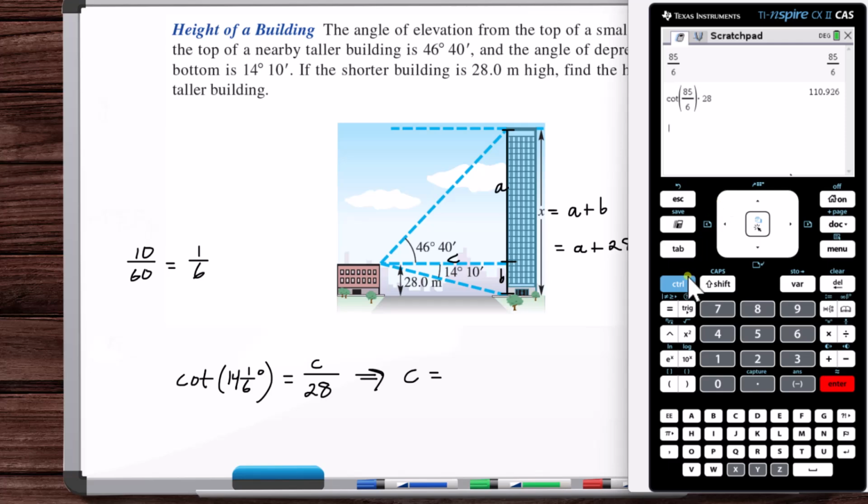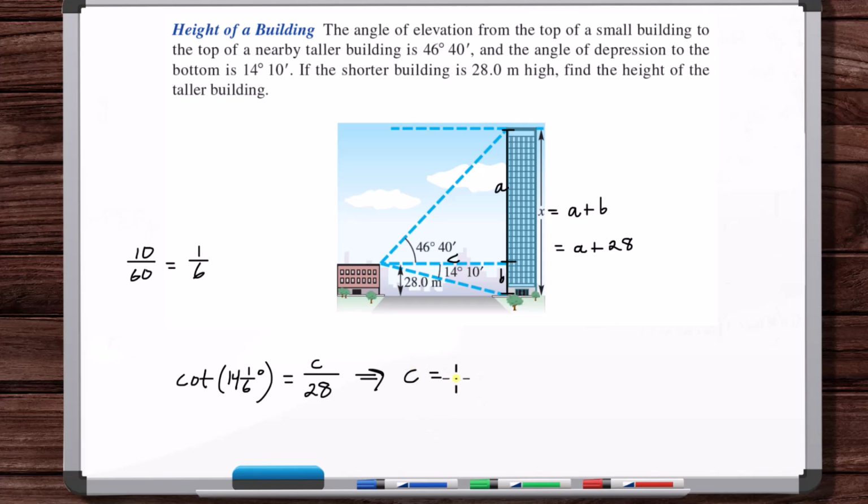We want to do a control enter to get the approximation, because they can't give us the exact answer to this. If we tried to get it as an exact, it would just return this. So C is 110.926, so about 110.9, and that's in meters.